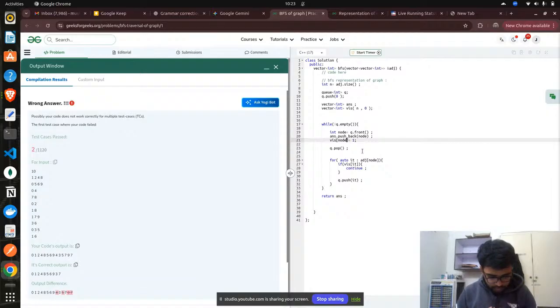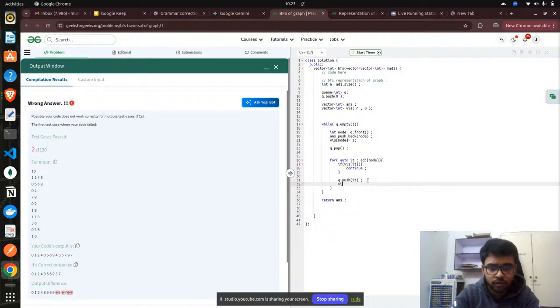Traversal, the queue portion, the same calculation can be done. With visited of it equal to 1.